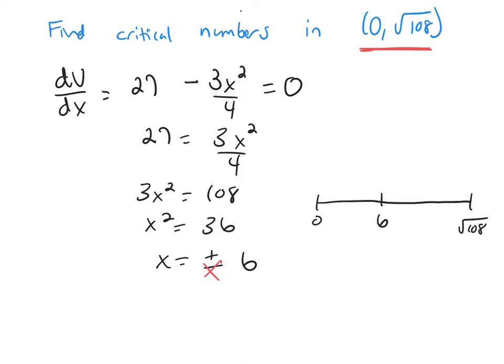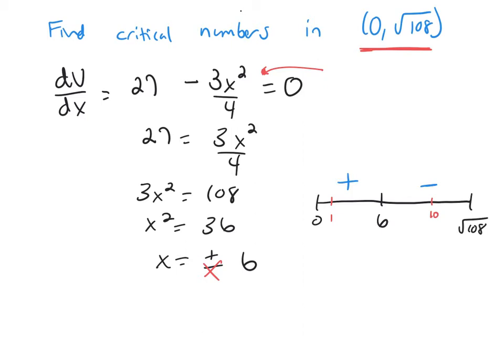Pick some test numbers. If I test out 1 into my derivative here, you'll see that it's positive. If I test out a number larger than 6, like 10, you'll see that the derivative is negative.